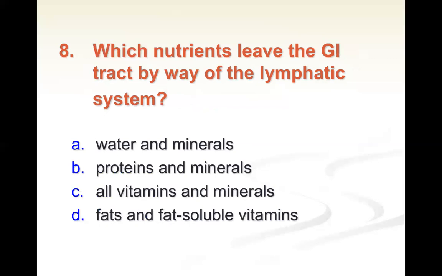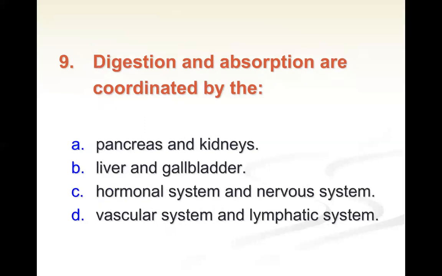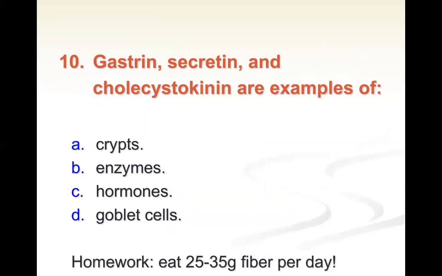Fats and fat-soluble vitamins. Digestion and absorption are coordinated by the hormonal system and nervous system. Gastrin, secretin, and cholecystokinin are examples of hormones. And now your homework is to eat fiber, 25 to 35 grams a day.